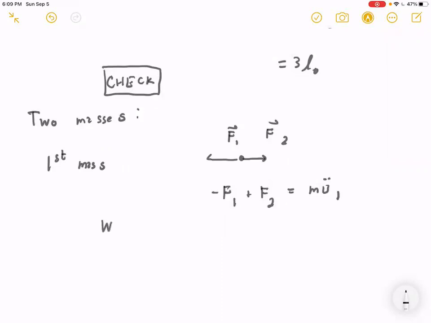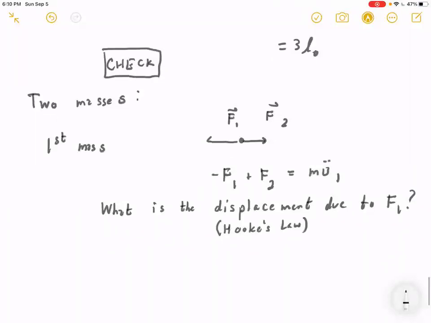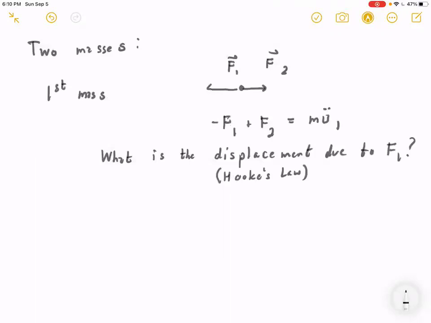And if you're going to make any progress now, you have to figure out what is the displacement due to F sub 1. In other words, Hooke's law. A force is due to a spring. So F sub 1, in this case, the displacement was initially L0.